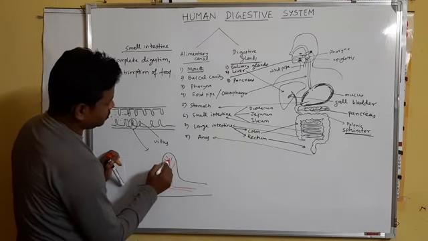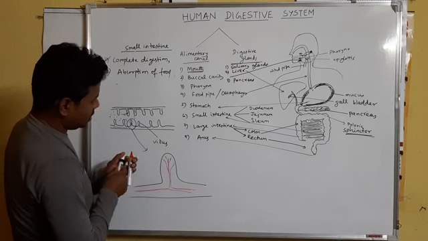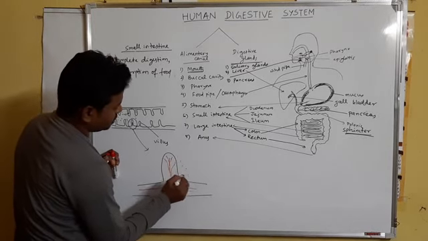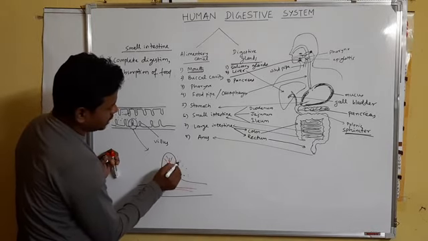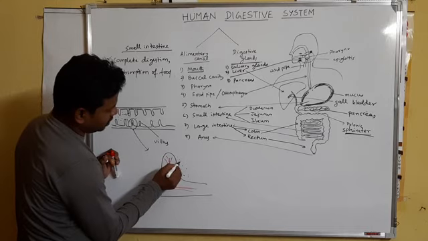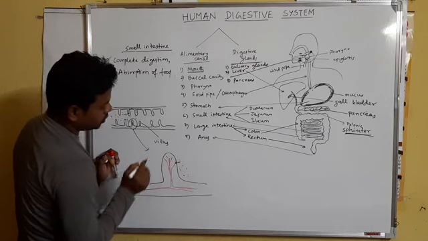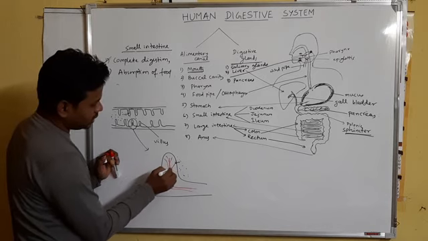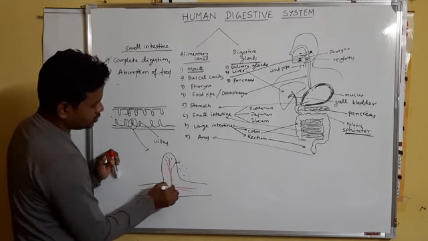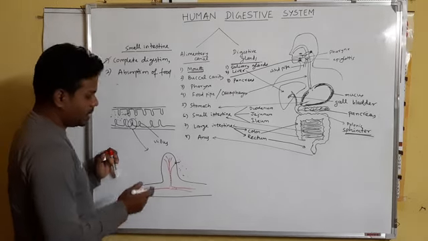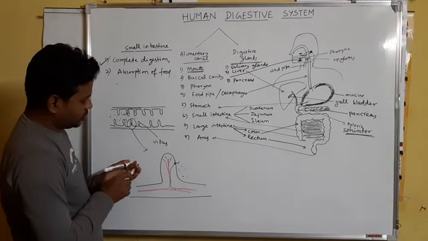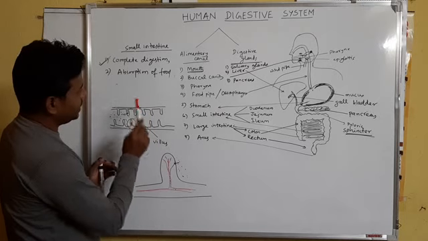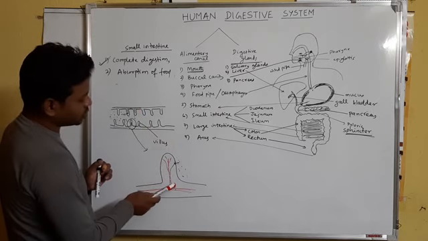This is the villus wall, and the food is here. So now the food is absorbed through the wall of the villus to the capillary wall, and then this food is transported inside the blood. So absorption of food takes place inside the wall of the small intestine.